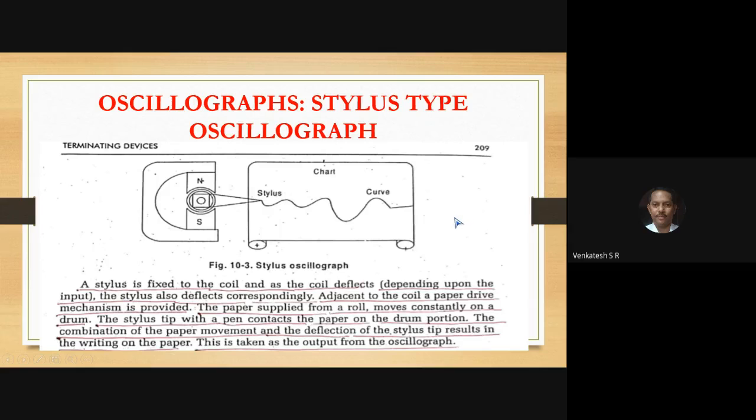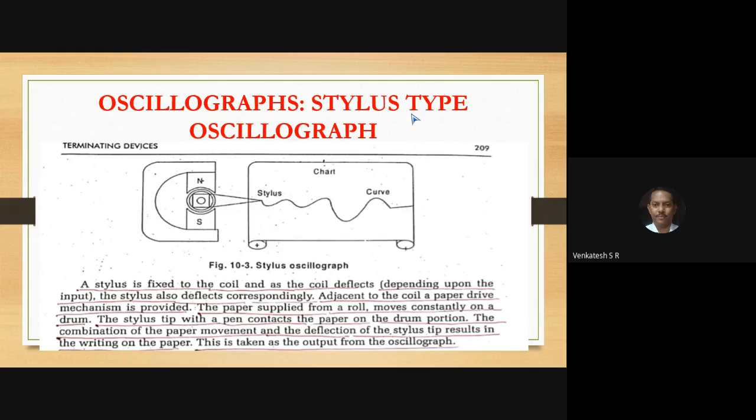Already you have the question, you continue the question. So you can write the question, what is oscillograph? Put a question mark. Explain briefly with a neat sketch stylus type of oscillograph. Put a question mark.